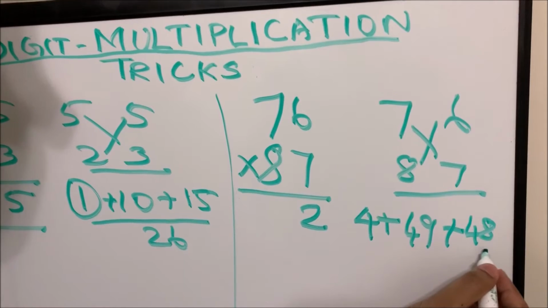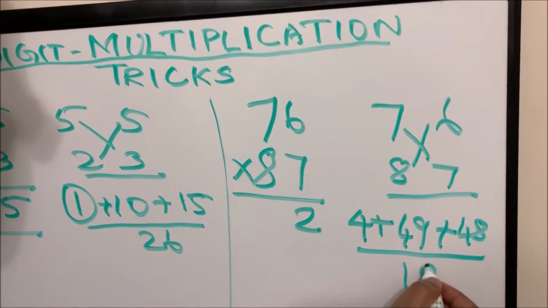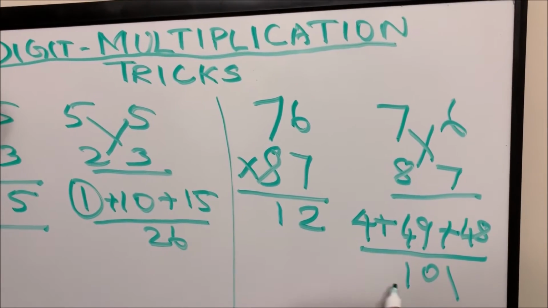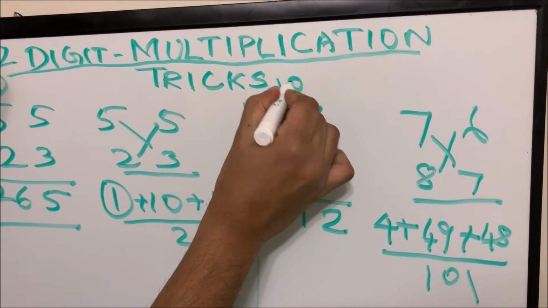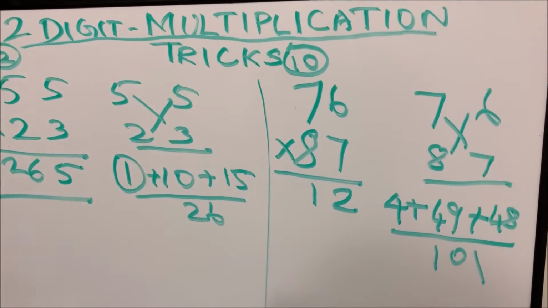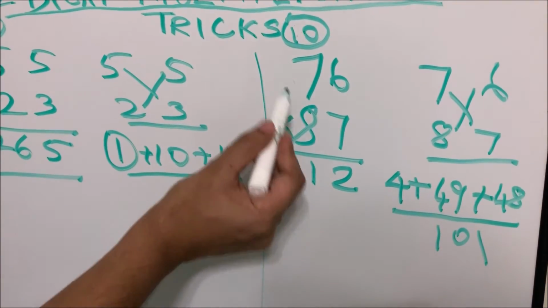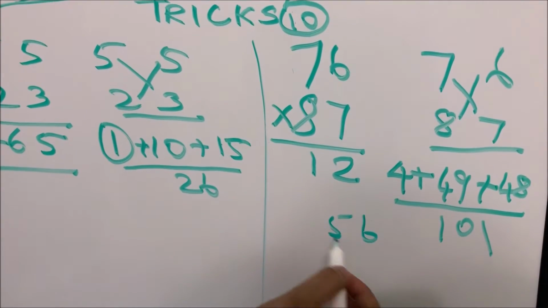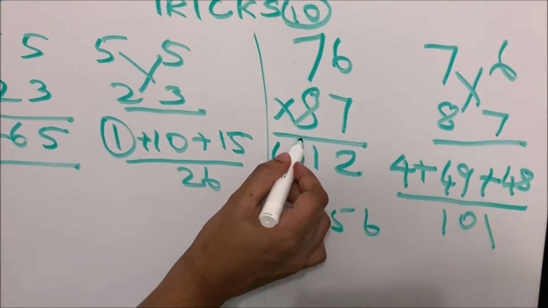Adding all together gives 101. Now putting this 1 here and carrying over the 10 here. Multiplying these two numbers, 7 eights are 56 and plus 10, 66. So the answer is 6612.